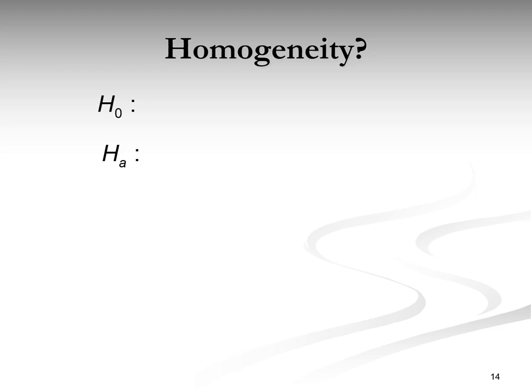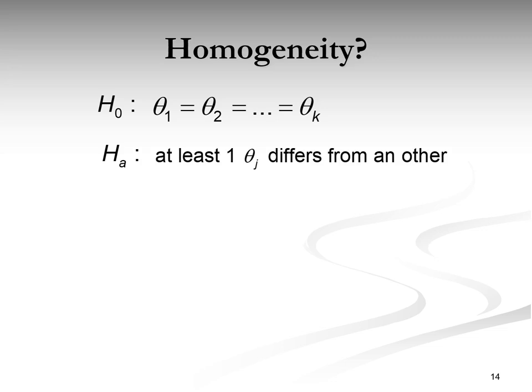Well, one possibility is to do a homogeneity test. The null hypothesis is that all population effect sizes are exactly the same. The alternative hypothesis is not that all population effect sizes are different, but that they're not all the same.